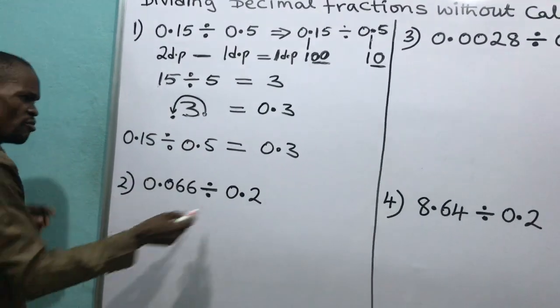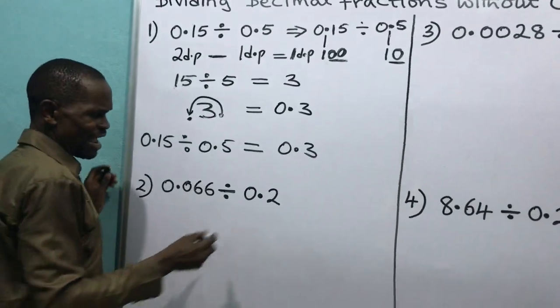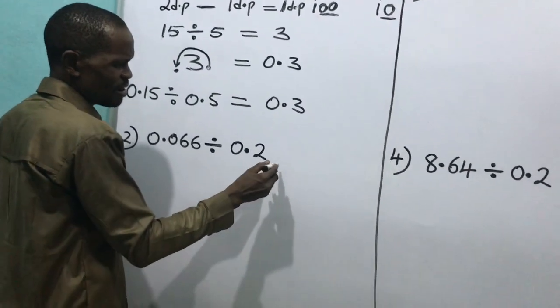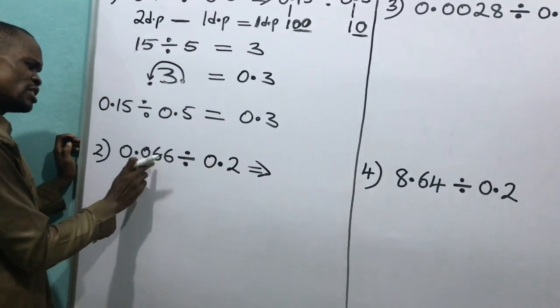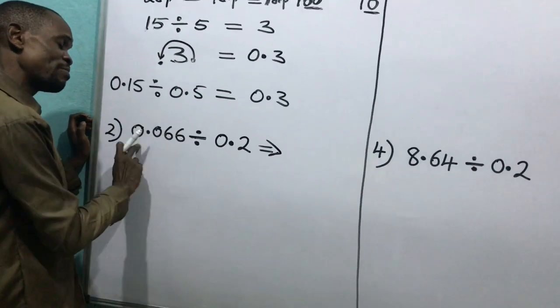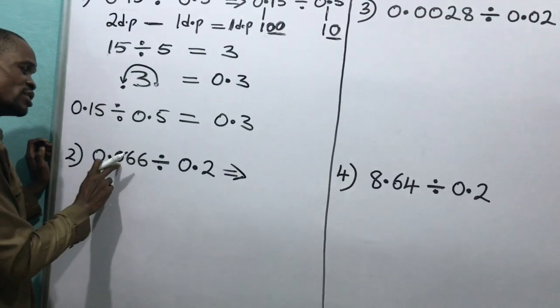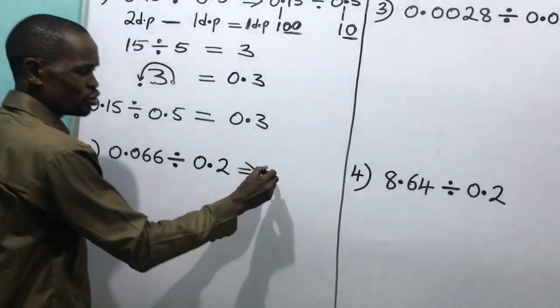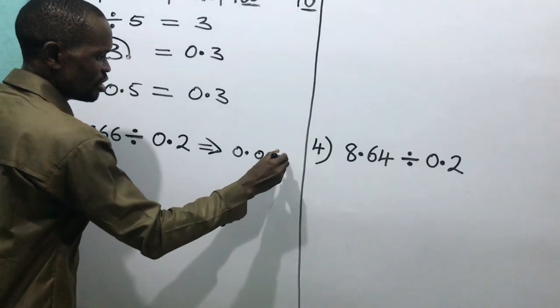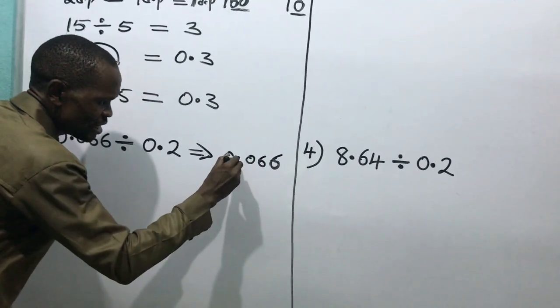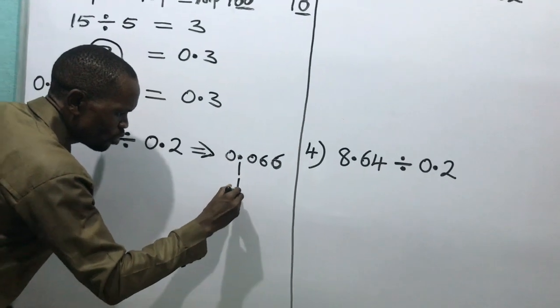The same thing, I come over here. To solve this, I first of all get the decimal place of this one. How many decimal places is this? This 0.066. I say that this point is represented by 1.